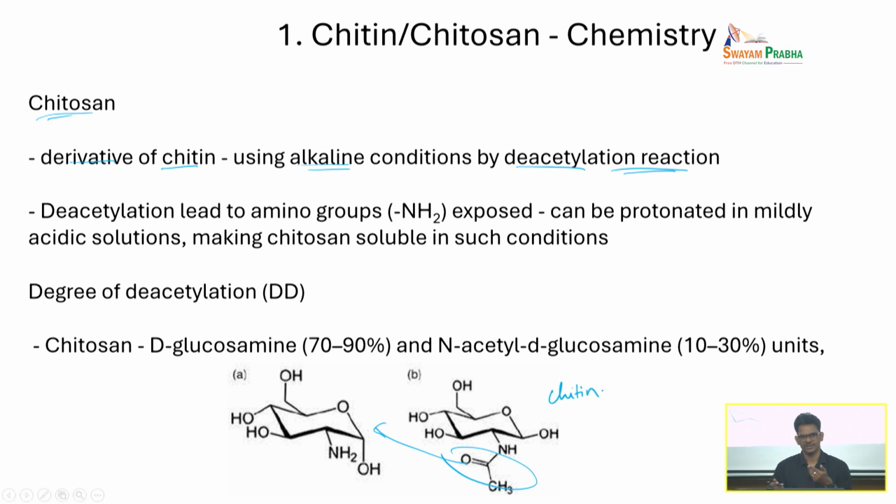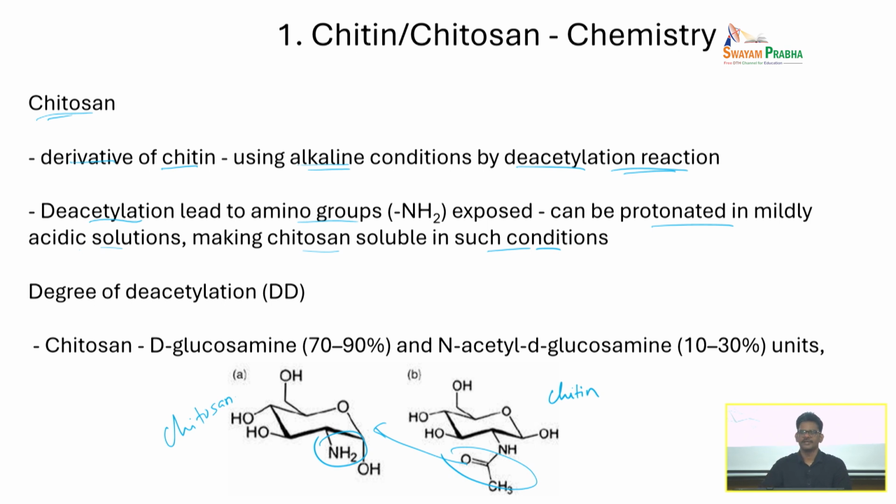You treat this with alkali and do deacetylation, that becomes an amine group, and this is your chitosan. This deacetylation leads to amine groups, which can be easily protonated in mild acid solutions, and that makes chitosan highly soluble in aqueous solutions.